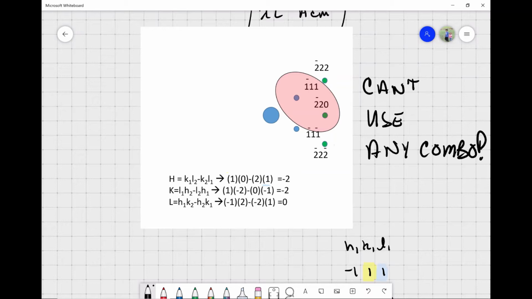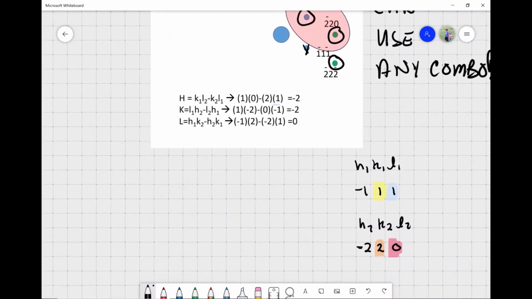So if I use this one, I can't use this one and I can't use this one, but I can use this one or this one. Okay, but I can't just use any combo. And you'll know you picked the wrong spot if your answer ends up being 0, 0, 0.